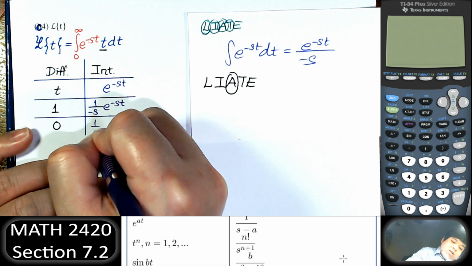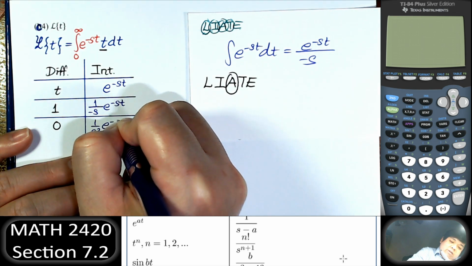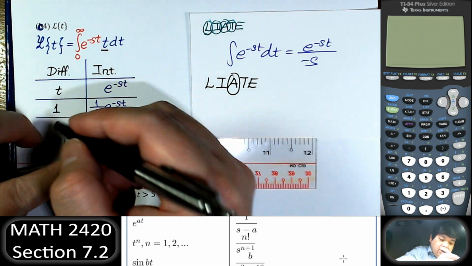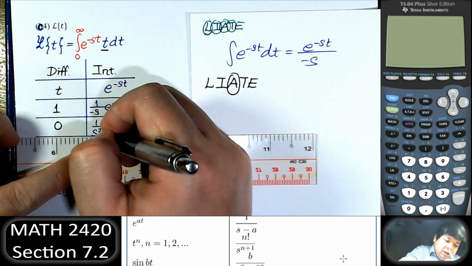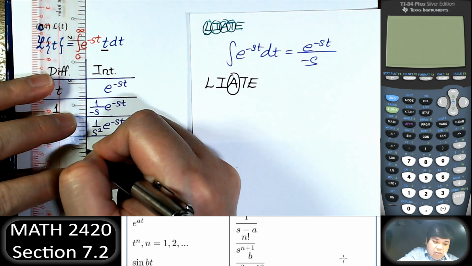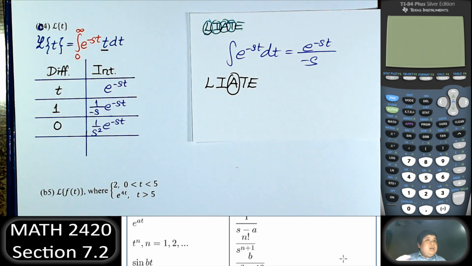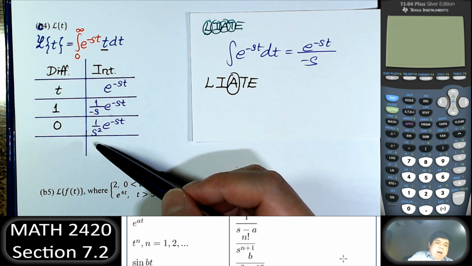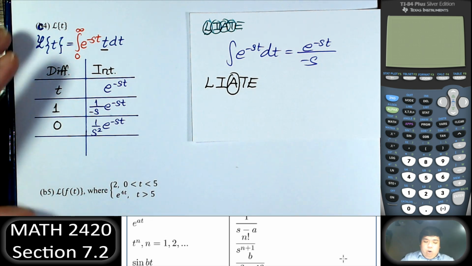We have 1 over s squared e to negative st, and then of course we can keep going if we want to. But if we keep going with this, this column is still 0. So it doesn't matter what we have here, the diagonal will be 0.